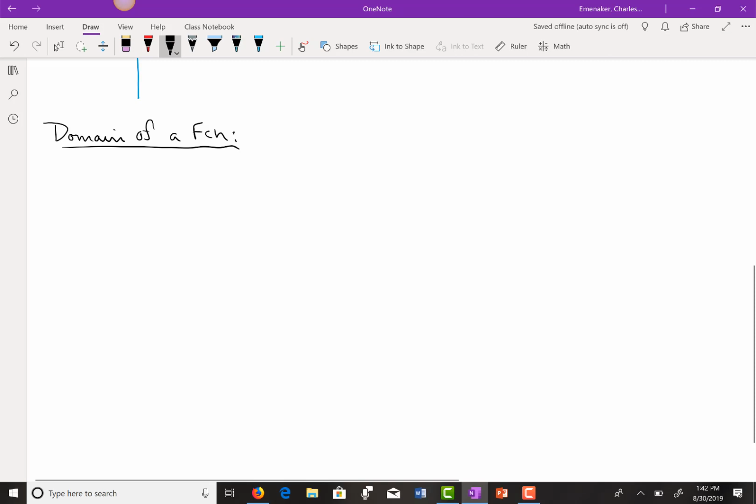So for example, if we have a function, something like y equals the square root of x minus 5, and you may say, well, Chuck, how do you know that's a function anyway? Well, you could whip out your calculator and graph this thing quick like. And if we were to graph it, it would go something like that.